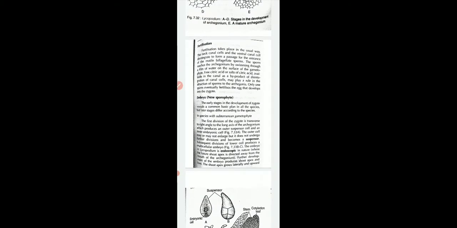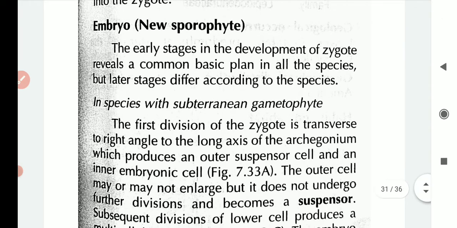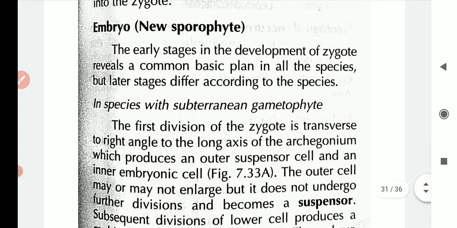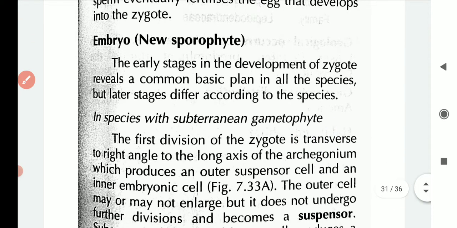Remember this plant body or the sporophyte, which was the ordinary Lycopodium? I can't scroll, it's too far ahead. Remember that Lycopodium, like this? This will give rise to your ordinary Lycopodium, which has those cones, the strobilus. Okay, so let us look at the embryo.